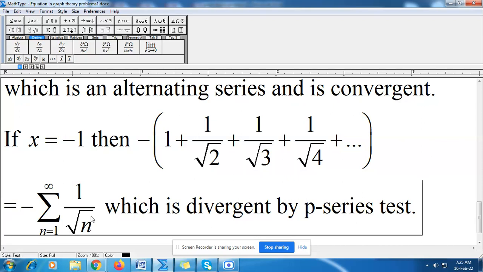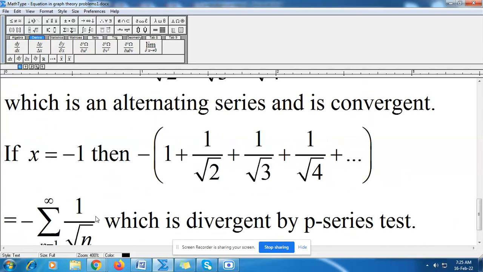According to the p series, sigma 1 by n power p is convergent if p is greater than 1 and divergent when p is less than 1. So p is equal to half, which is less than 1, so it is divergent.